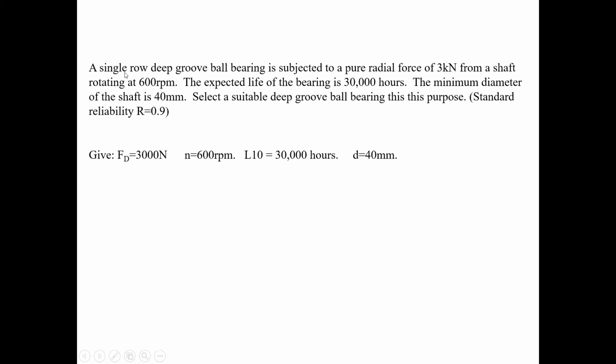Okay. A single deep groove ball bearing carries 3 kilonewton, shaft rotation 600 RPM, life is 30,000 hours. What is the minimum diameter of the shaft? The minimum diameter of the shaft is given as 40 mm. What is the suitable selection?